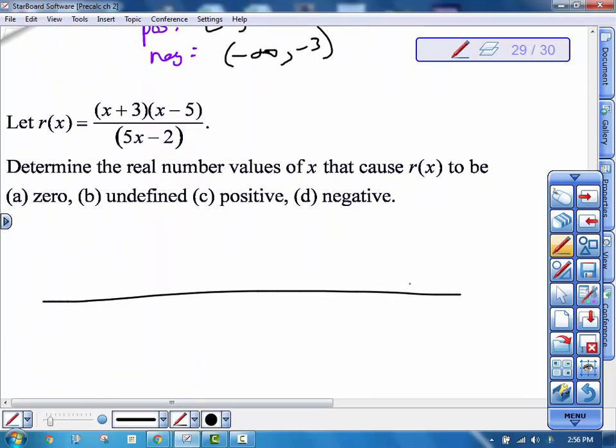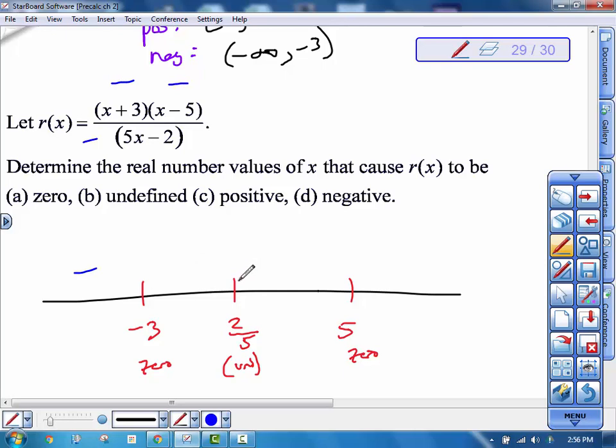All right, here's another example then. Make a sign chart. Put the key points on here. The key points are -3, 5, and 2/5. This one's an undefined value. This is a 0. This is a 0. Now find out what the value of the function is. Below -3, like -4, gives you a negative and a negative, so that'd be negative.